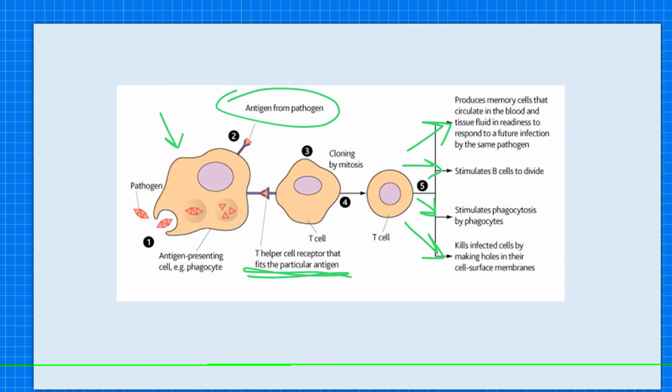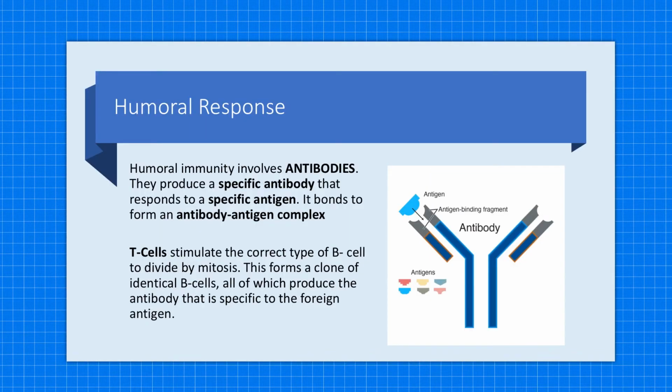Next, let's look at what we call a humoral response, where antibodies are produced by B cells. On the right hand side I've got a picture of an antibody. In my next video I'm going to talk more about the structure and function of antibodies, but all I need to tell you now is that they are proteins and they are able to respond to a specific antigen.